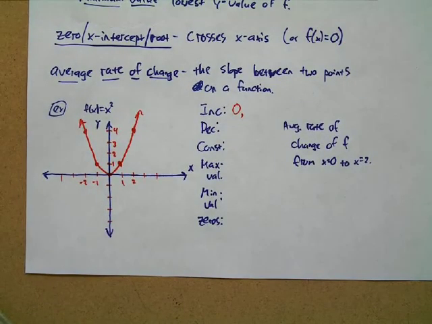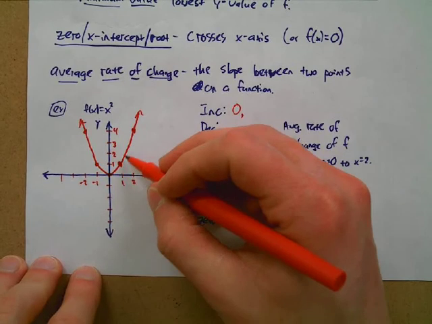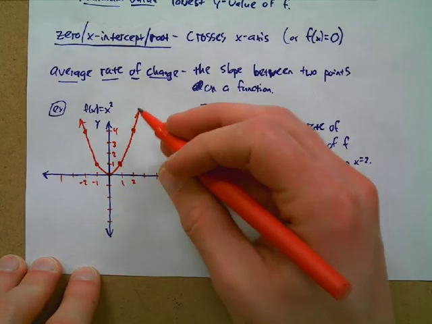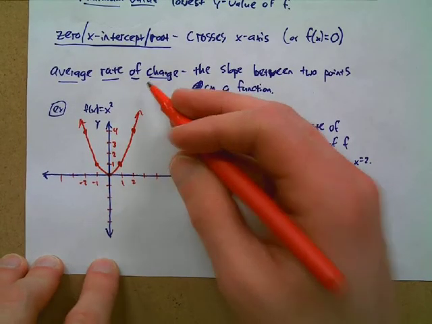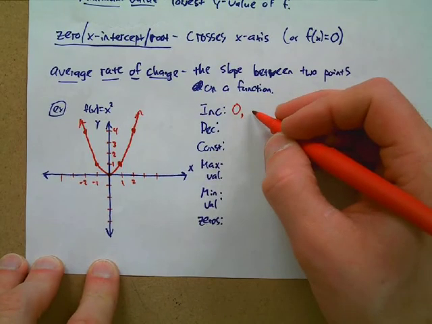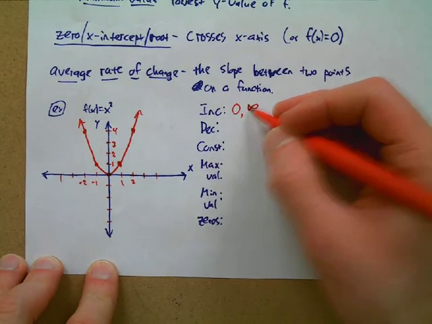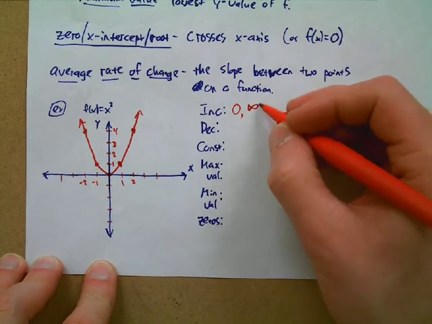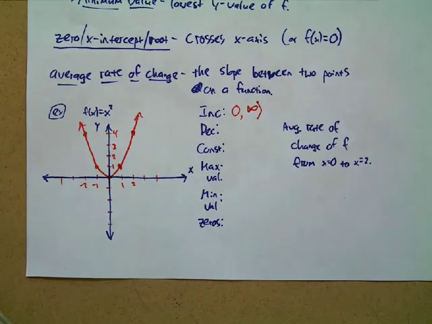And then from 0, if we continue to move along our graph, we're still going up, up, up, up, up. We hit this arrow, which is going to continue to go up. So we increase from 0 to what? Infinity, right? We just keep on increasing. We know we put a parenthesis there for the infinity, but at 0, should we include 0 in the interval, or should we exclude 0 from the interval there?